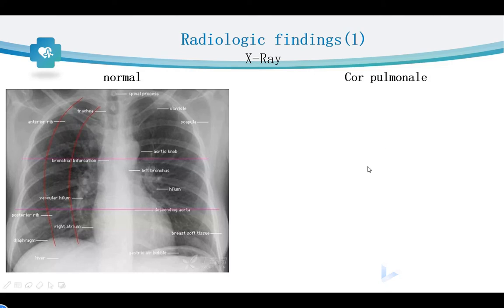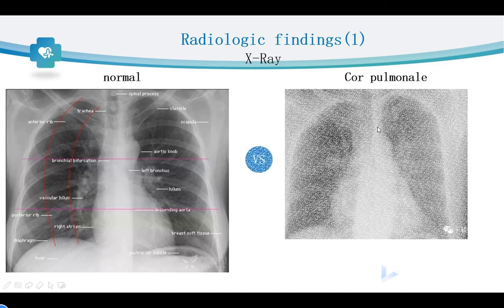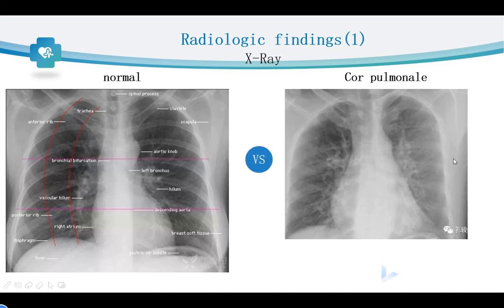And now let's look at the image of X-ray for the cor pulmonale. What can we find from this X-ray? Okay, firstly, let's look at the lungs. We can find the lung markings is more than normal condition, right?